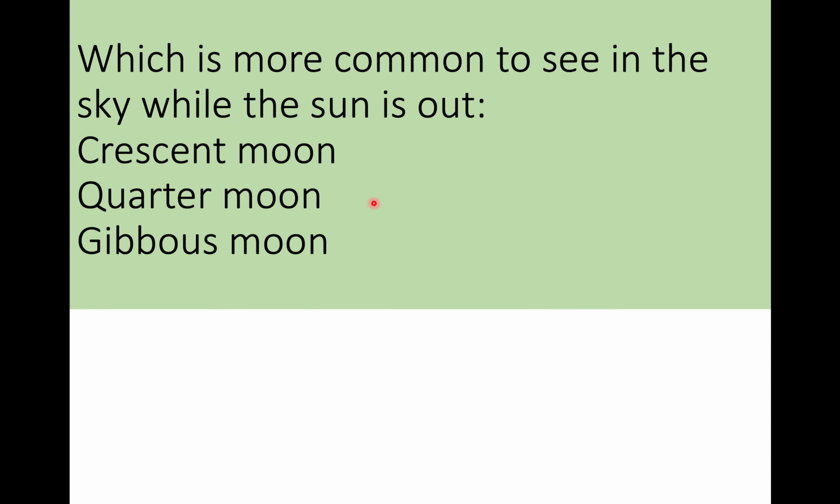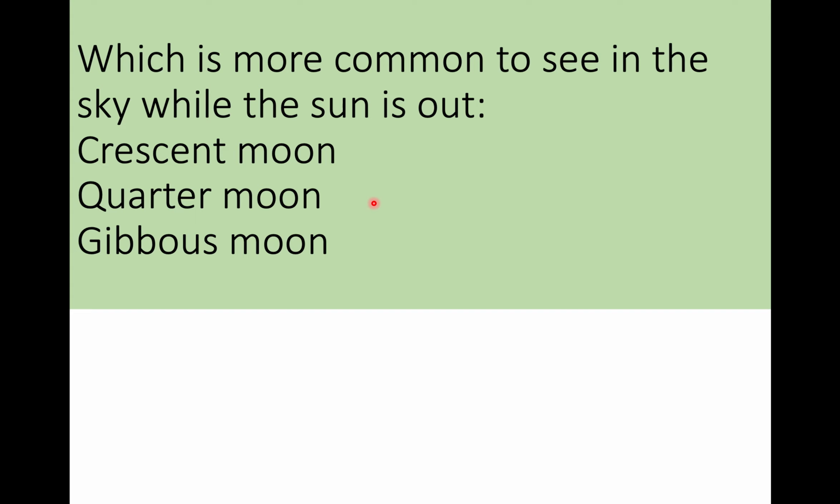So which is more common to see in the sky while the sun is out? The gibbous moons, the quarter moons, or the crescent moons? This is while the sun is out, because often you can see the moon when the sun is out. You can see the moon in the day. Which phase is the most common to see in the day with the sun?